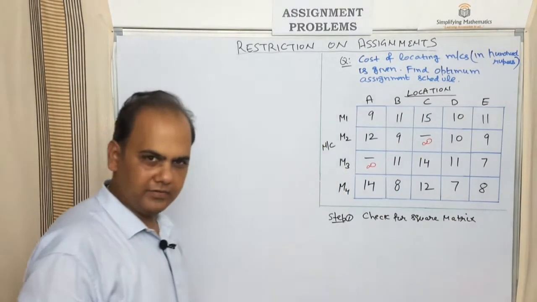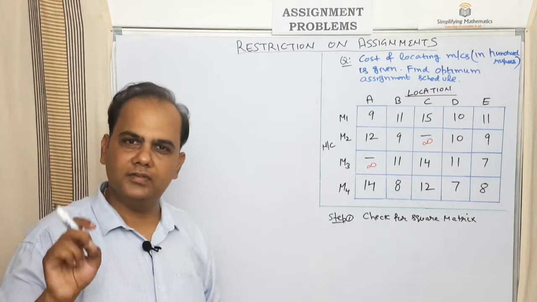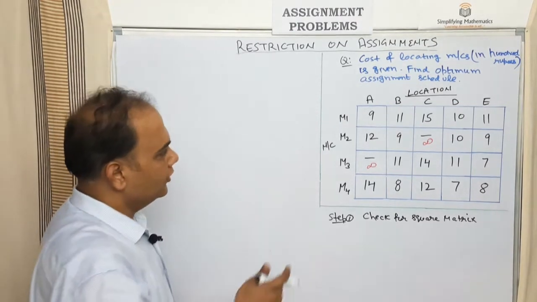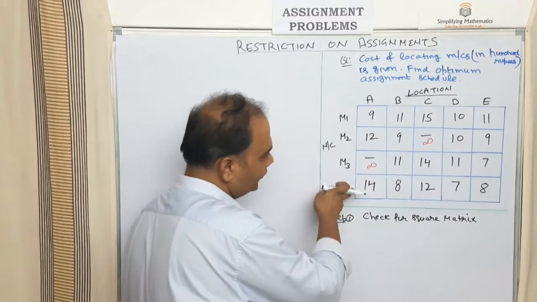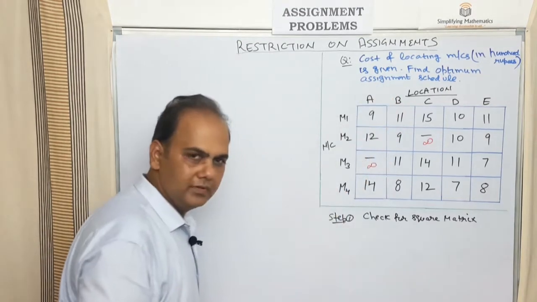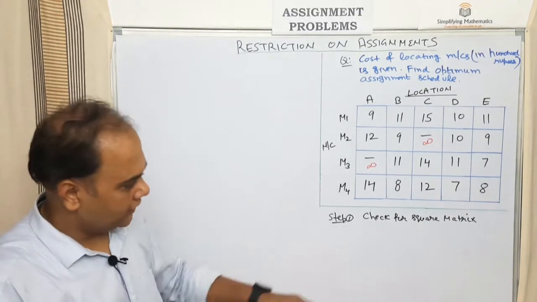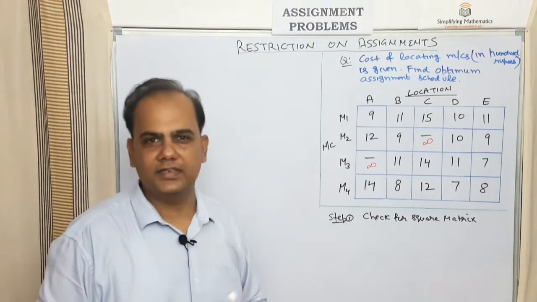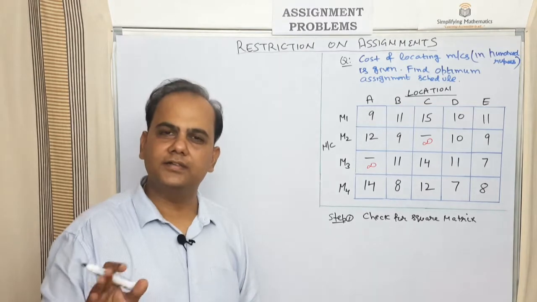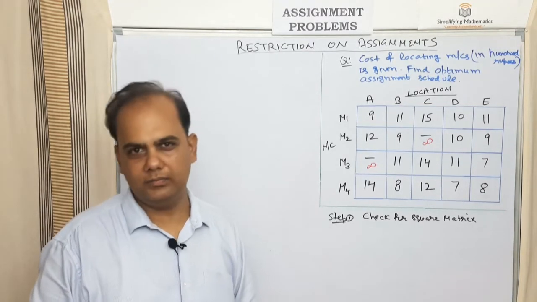The first step is to check for a square matrix. You have to check whether the problem is a balanced assignment problem. If you look at the matrix, there are 4 rows and 5 columns, so the number of rows is not equal to the number of columns. Therefore this is not a square matrix, and you have to make it square by adding a dummy row or dummy column.